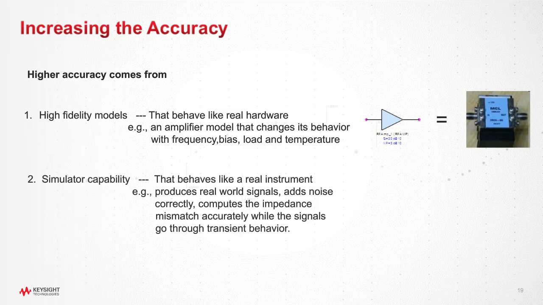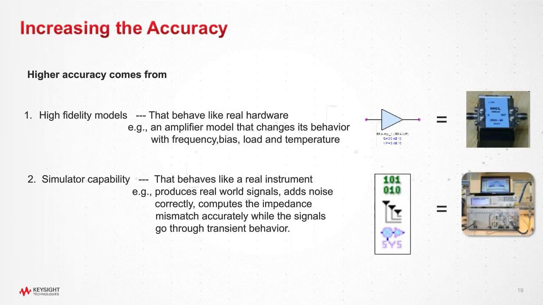Now, the simulator itself should be capable of producing the real-world effects that are usually only possible in the hardware. For example, the simulator should behave like an instrument measuring the device. So the simulator here simulates the amplifier above, and it should produce the same effects like an instrument measuring the hardware in the lab.